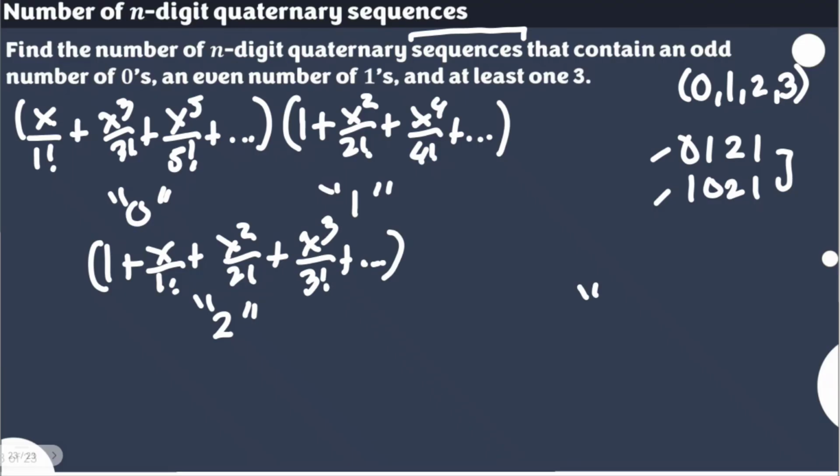Now, for digit 3, at least 1. That would mean it is a guaranteed that 3 is already in the mix. So it's already a guarantee that 3 is present.